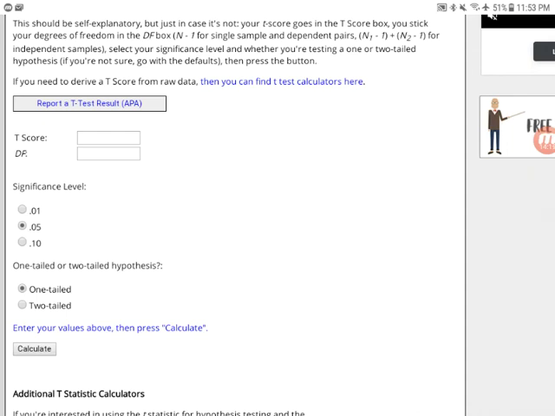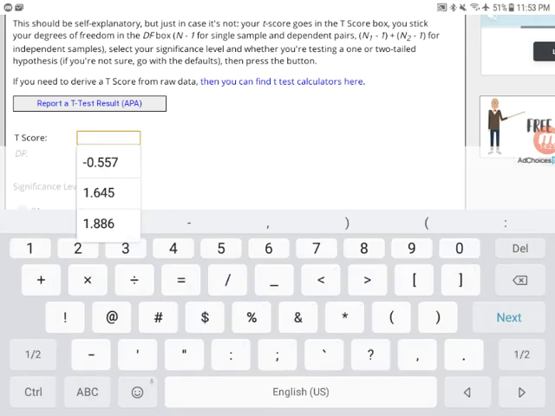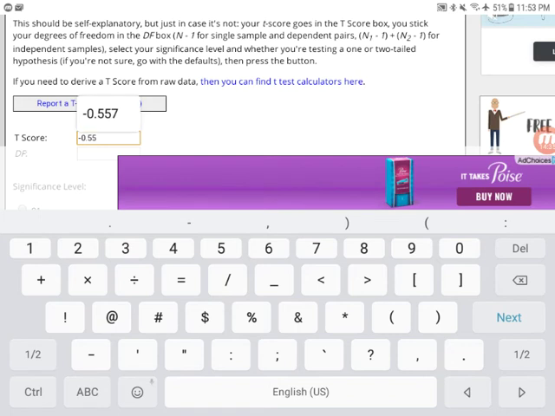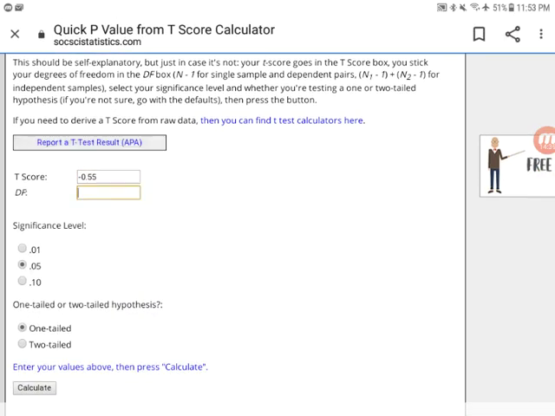We've already found our t-score, which was negative, and I do have it already set up, negative 0.55. And we have our degree of freedom, which is 9.